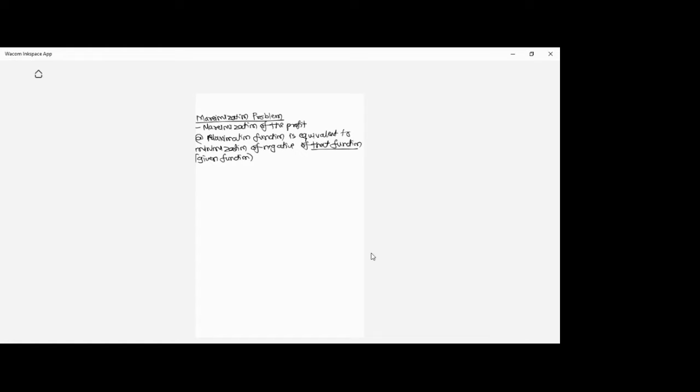If I've been given the profit in positive, I'll be making them negative, and by making them negative, I'll be handling this particular situation. I'll be converting it into a negative function, and then I'll try to solve that.